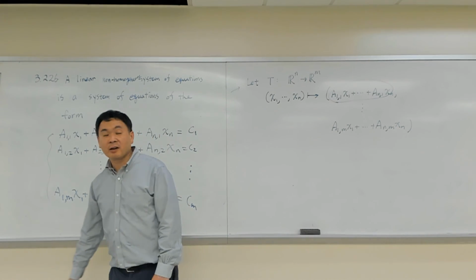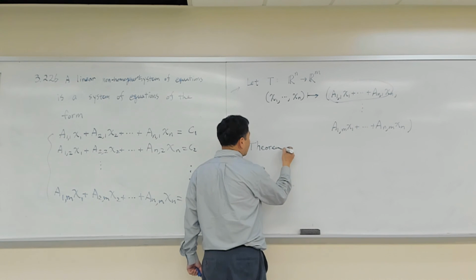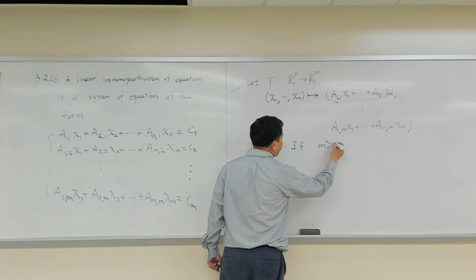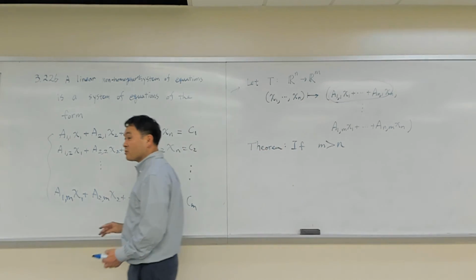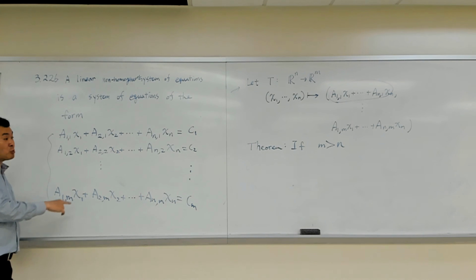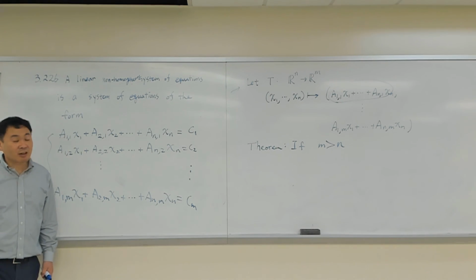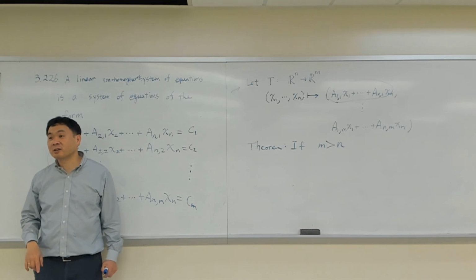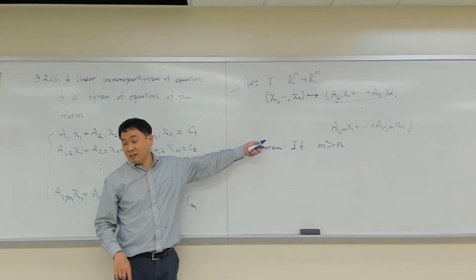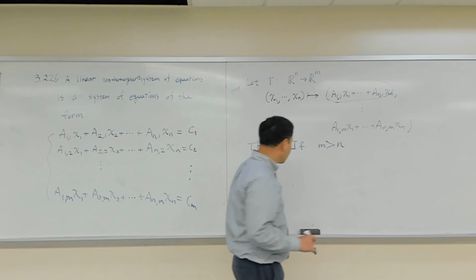And this time, here's the theorem. If this time m is greater than n, in other words, if you have more equations than variables, what did we learn in 3.24? That such a map T cannot be surjective, right?